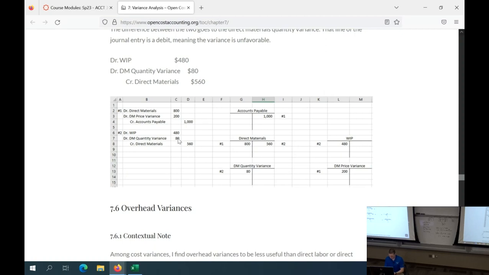So 1,000 minus 480, and we take away the 280 from the variances, we have 240 unaccounted for still. Well, that 240 is sitting here as a debit balance. If you do a trial balance here, it would have a debit balance of $240. 800 minus 560 equals 240. That's where it's sitting.